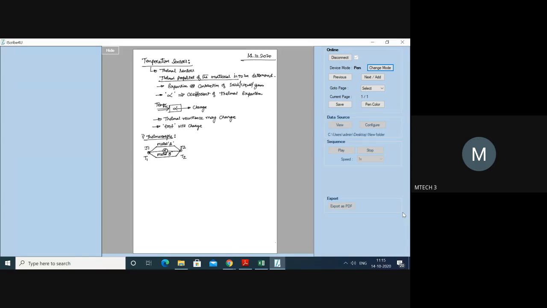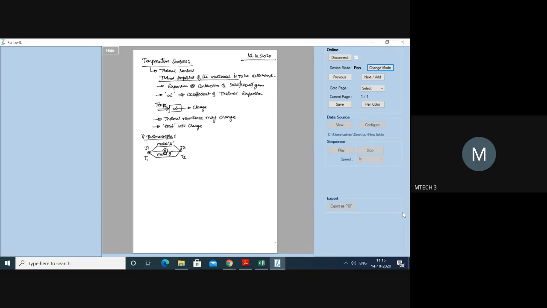I'll repeat again. A thermocouple is mainly used to measure temperature. If two different metals A and B are joined together to form two junctions, J1 and J2, generally we consider one junction as the cold junction at temperature T1, maintained at 0, and the other is called the hot junction, where the temperature is maintained at T2.